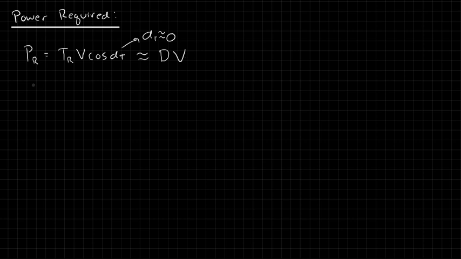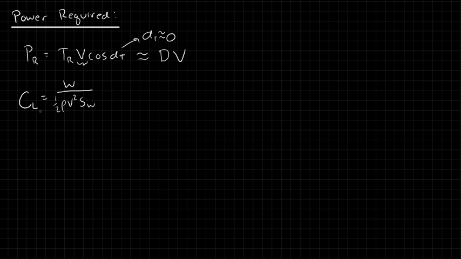So let's look first at V. How do we get V? Well, recall that C_L is a function of V. So let's look at the lift coefficient. The lift coefficient in steady level flight can be written as weight divided by 1/2 rho V squared S_W.